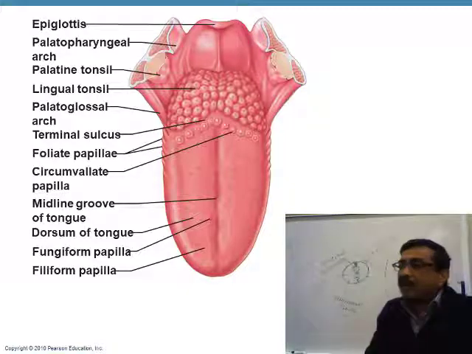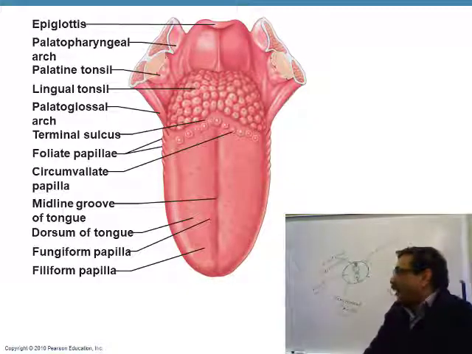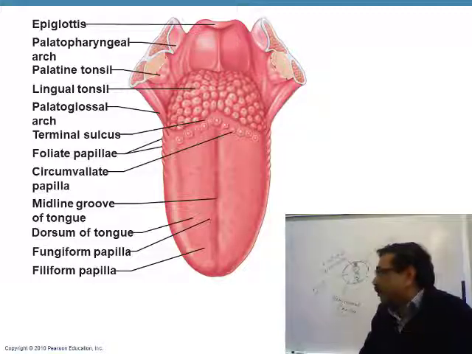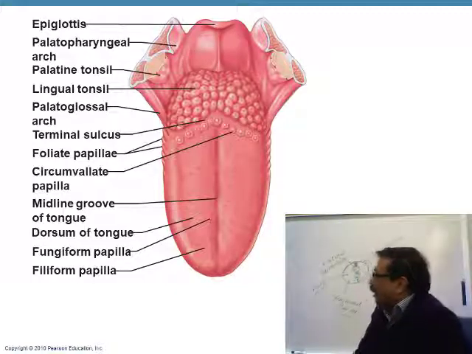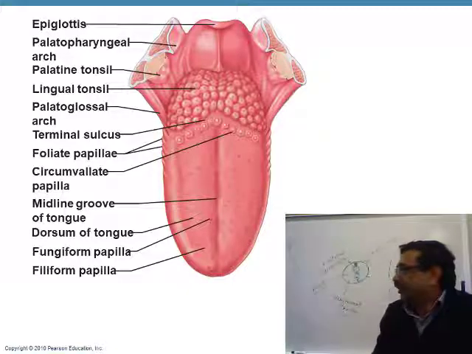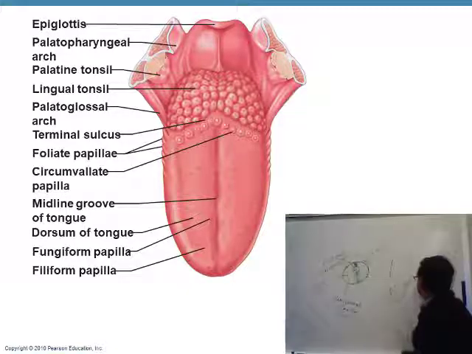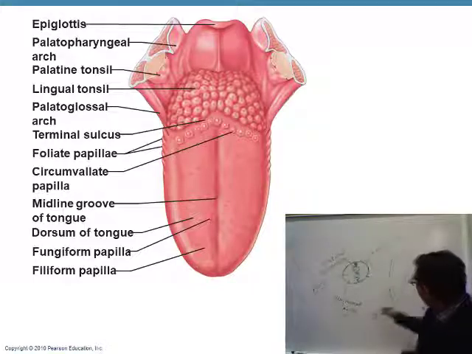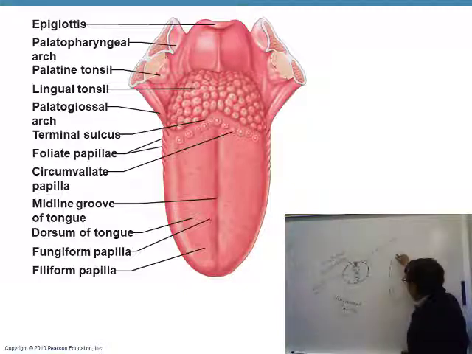So filiform and fungiform papilla are in the front part of the tongue. You see there in the picture, filiform papilla and fungiform papilla.